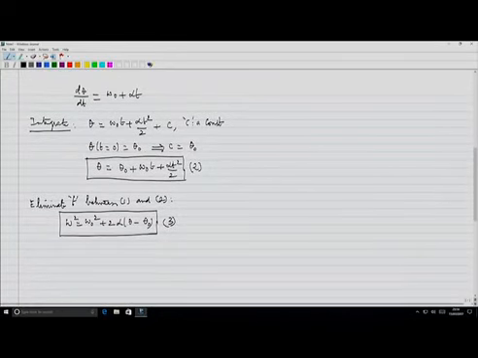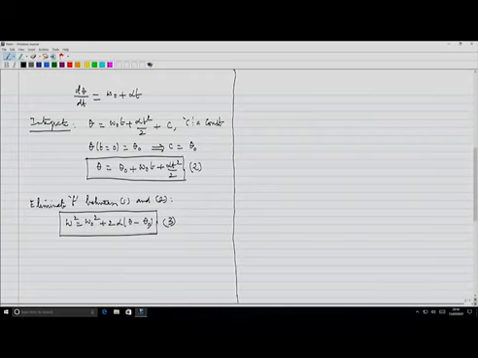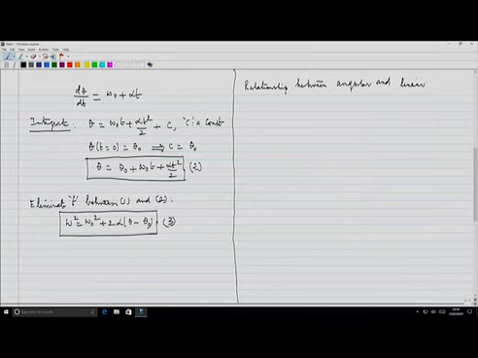Now we want the relationship between angular and linear quantities. To some extent we have seen this in lecture 3.